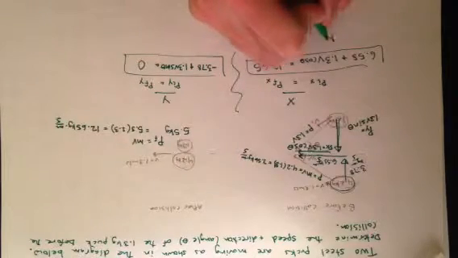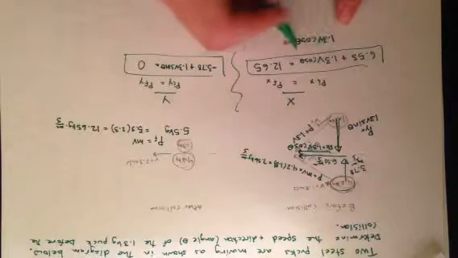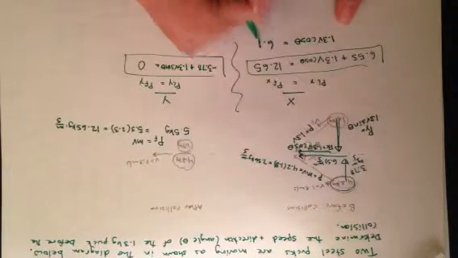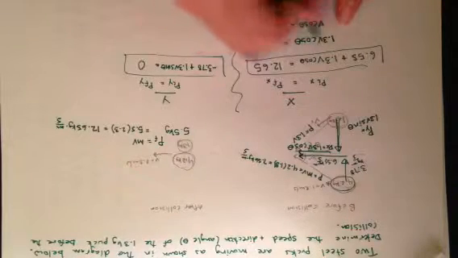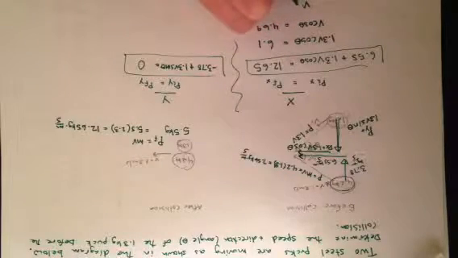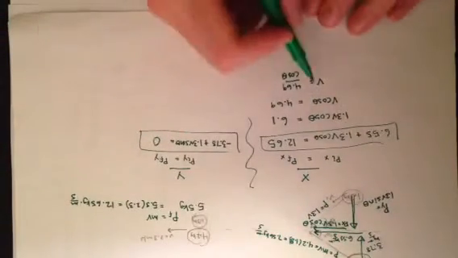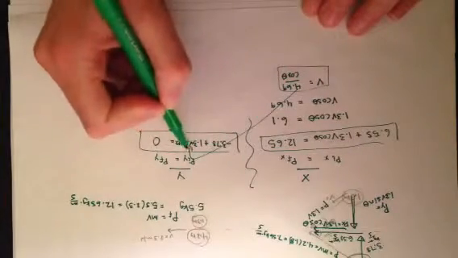So 1.3 v cosine of theta equals, take away 6.55 from both sides, 6.1. Then v cosine of theta equals 6.1 divided by 1.3, which is 4.69. So v equals 4.69 over cosine of theta.